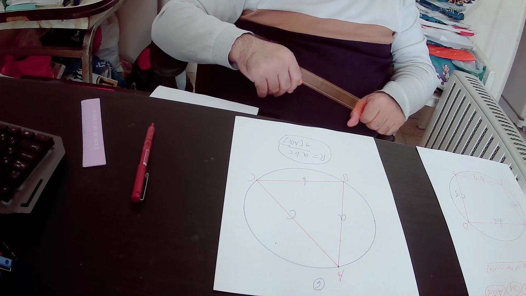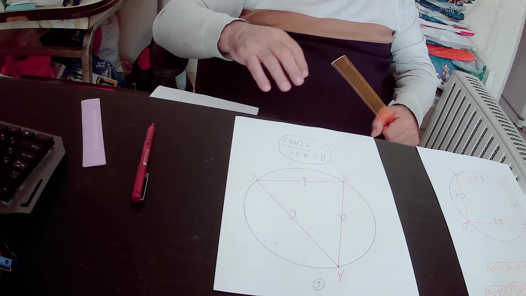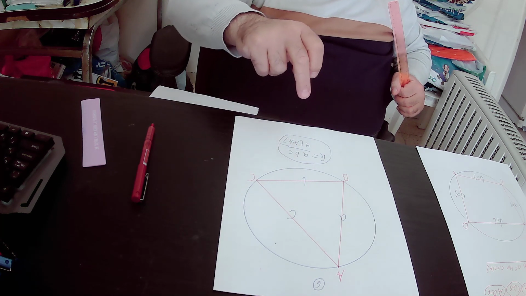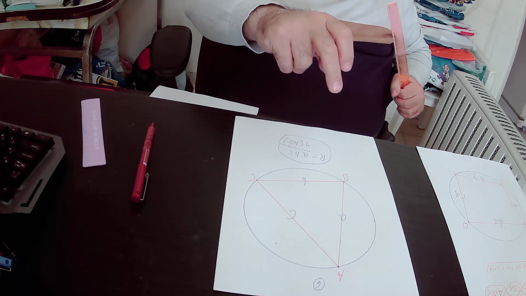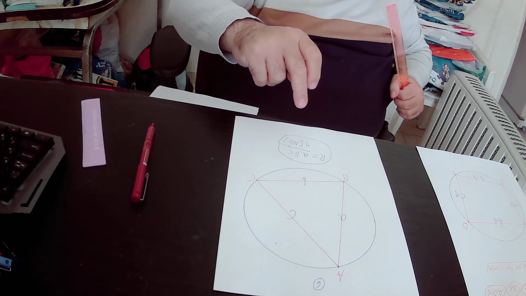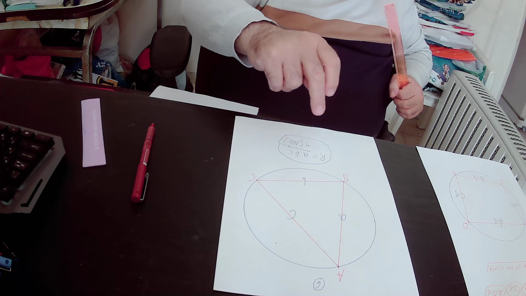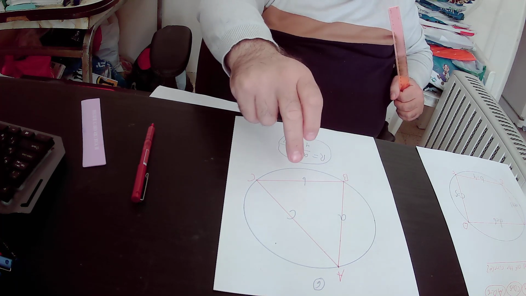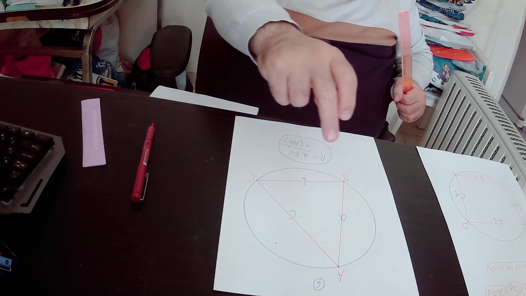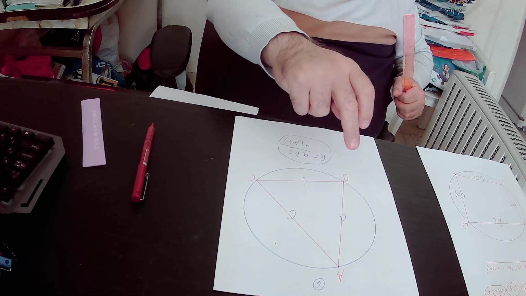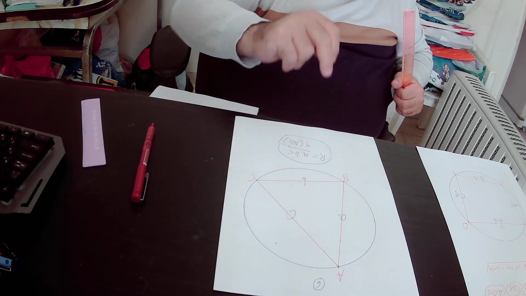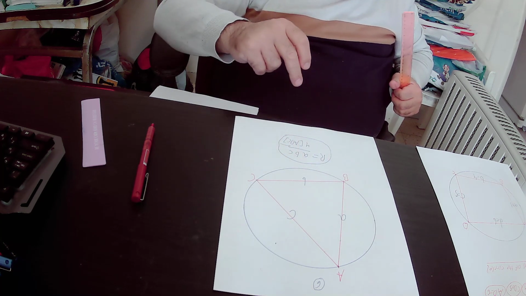So if we have a triangle ABC that could be any triangle inscribed in a circle, then the radius of the circle that encloses the triangle will be equal to the product of its sides, in this case A times B times C, over 4 times the area of the triangle enclosed by the circle.